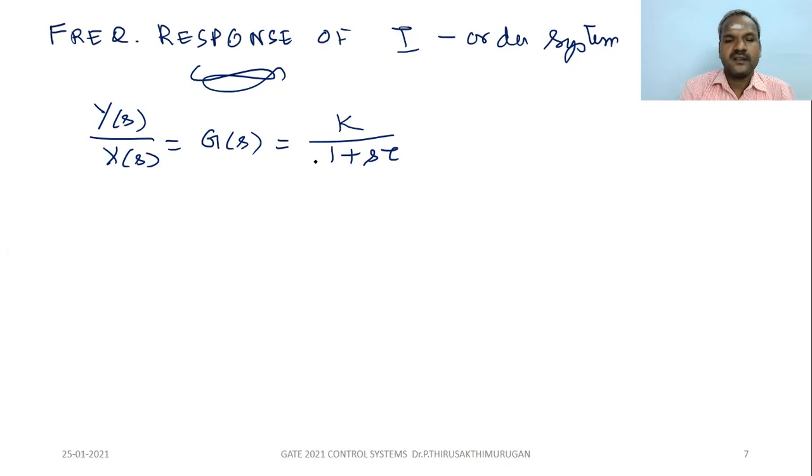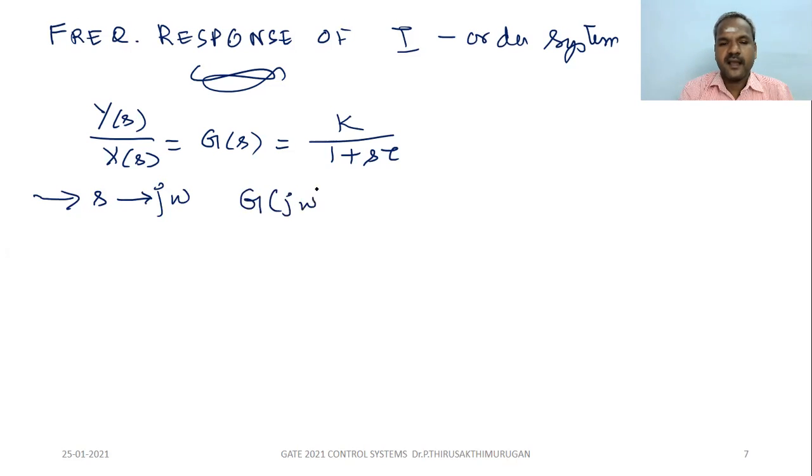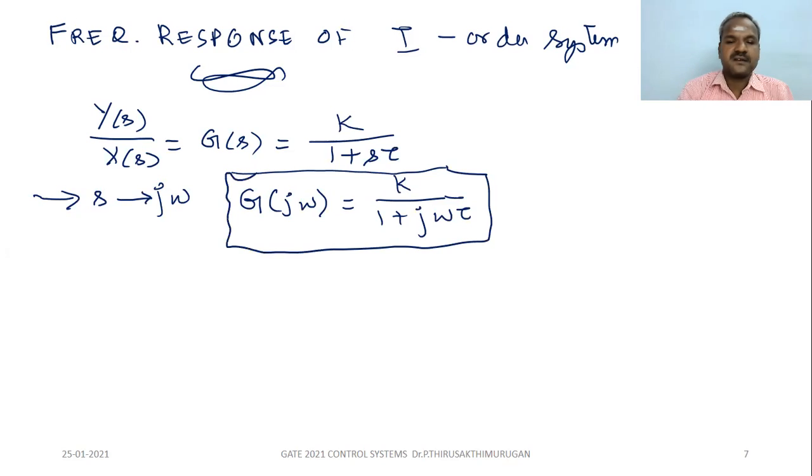This is the first order transfer function. First, replace s by j omega so that we get the frequency transfer function: G of j omega equal to K by 1 plus j omega tau. This is called the frequency transfer function.